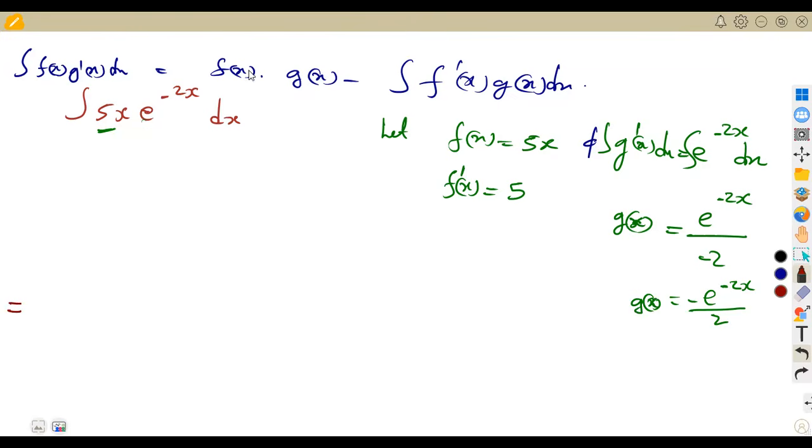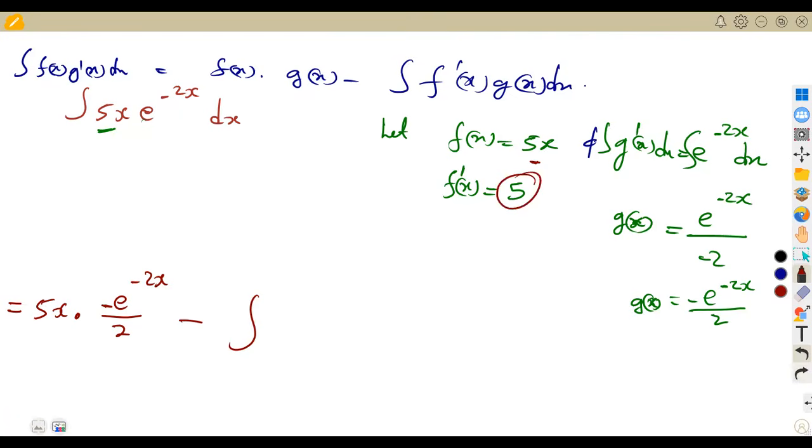So this whole integral is going to be equal to f of x times g of x, whereby f of x is 5x. So we're going to have 5x times g of x, and this is what we got for g of x: negative e to the exponent of minus 2x over 2, minus the integral of f prime times g of x.